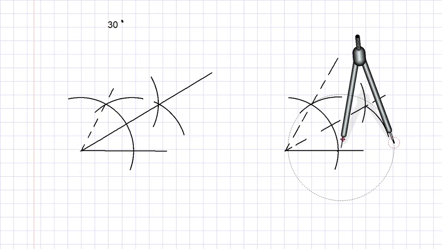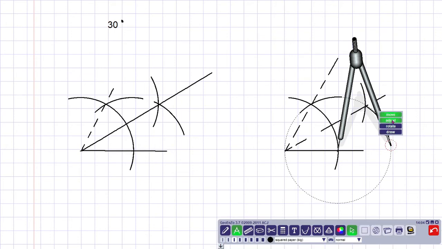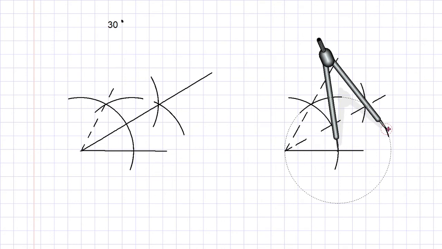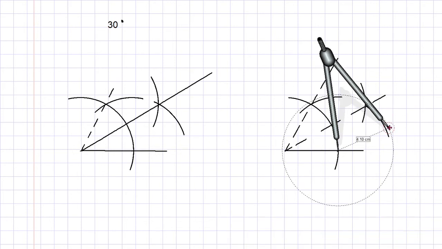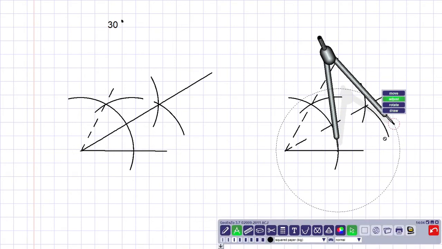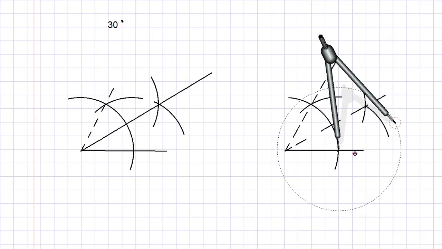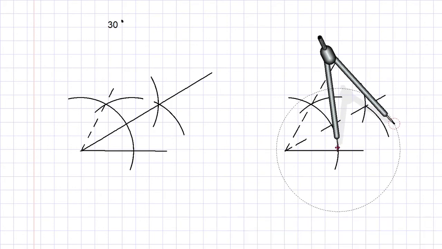Place the compass here. Place the compass properly.